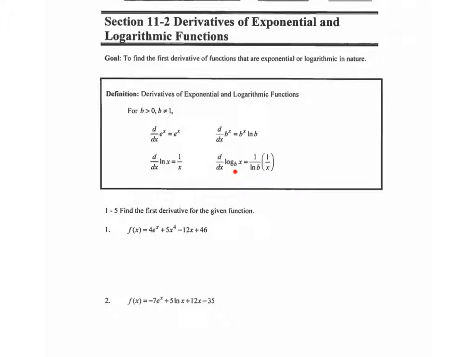So it could be base 10, it could be base 7, and if we're taking the derivative of that, we still get the 1 over x, but notice you also have to have the 1 over the natural log of the base. Again, same thing here. We could put times 1 over the natural log of e, but we said the natural log of e is 1, 1 over 1 is 1. So this is just the cleaned up form of this.